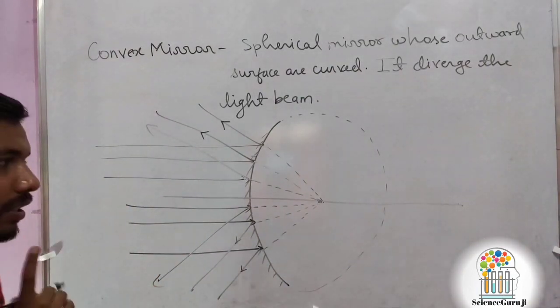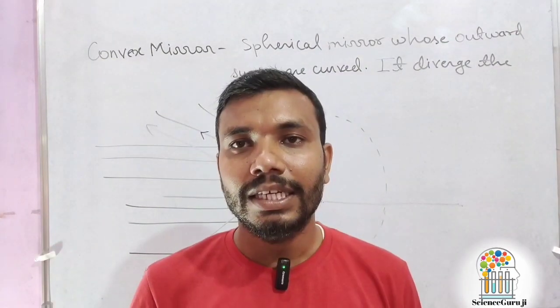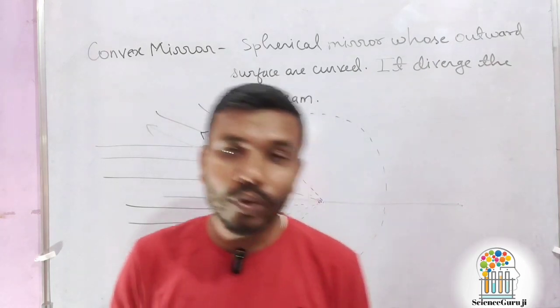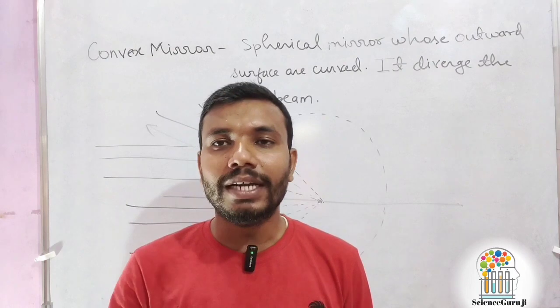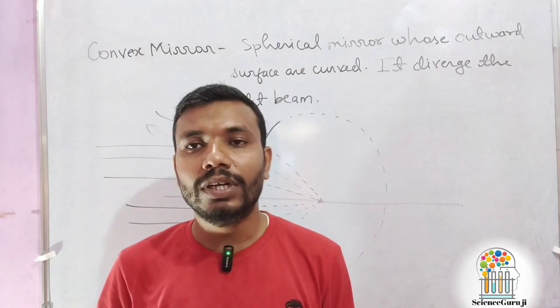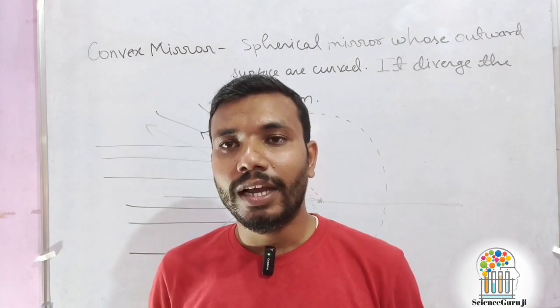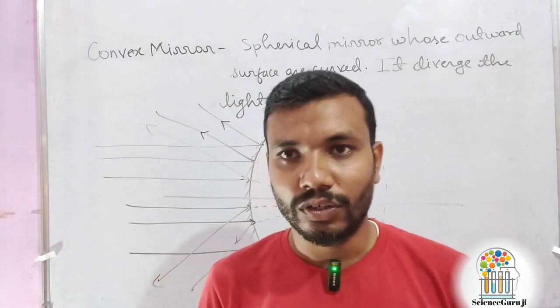Maybe by this diagram you will understand what is concave and what is convex, that is, image formation by the concave and the convex mirror. Before going to the image formation, let's understand the components found in spherical mirrors, like the center of curvature, focal length, the pole, and the principal axis.